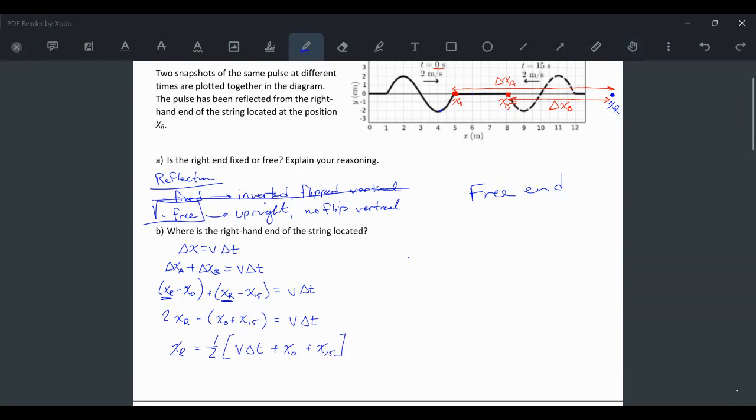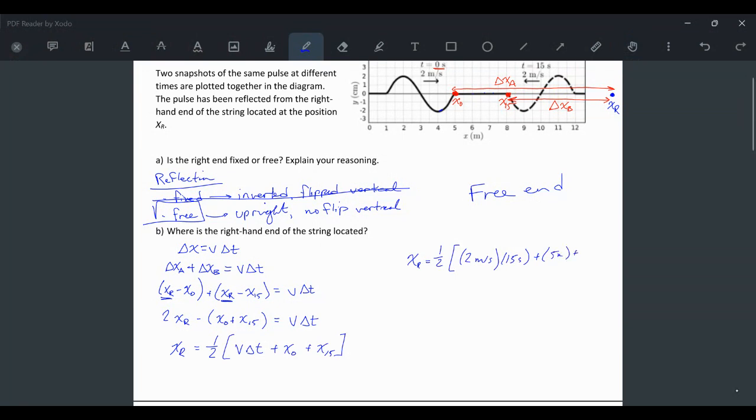I don't think I'm going to solve this for you guys, just to keep things moving and be quick. But what I'll do is write over here what you would need to plug into your calculator to actually do the computation. The speed is 2 meters per second, because we're not worried about vectors, we're just looking at distances, not displacements. The change in time was 15 seconds. The initial position was at x equals 5 meters.